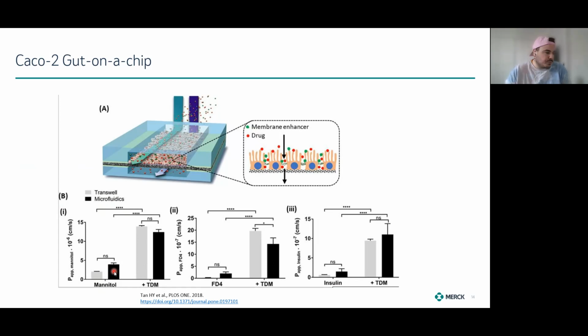And we see this as well. You can see that it's about twofold higher in a couple of these here, and we see the same in our hands. And it's believed that the Caco-2 cells in transwells do have too low of a permeability coefficient.